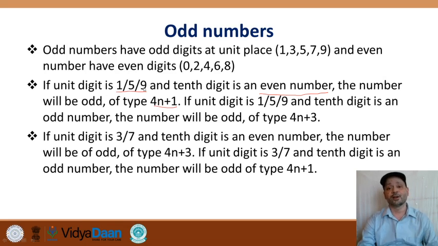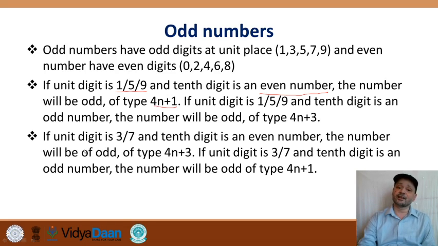If the 10th digit is an odd number, it will be of 4n plus 3 type, like 11, 15 or 19, and similarly 31, 35 and 39. That way you have two types of odd numbers.